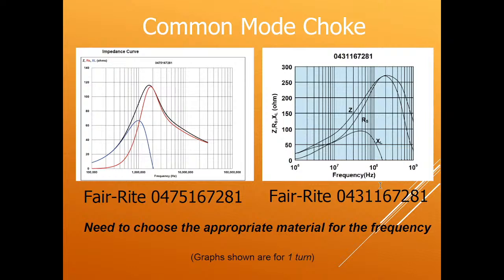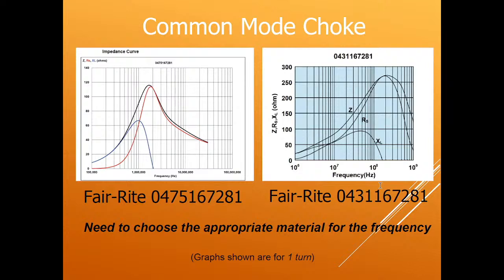Basically what we're looking for is a high impedance at the frequency that we're concerned with. And you'll see that a core has an inductive part, which is the reactance, and a resistive part, which is basically dissipating energy. And what we want is a high impedance at the frequency of interest.